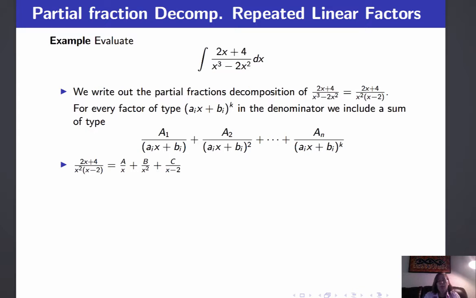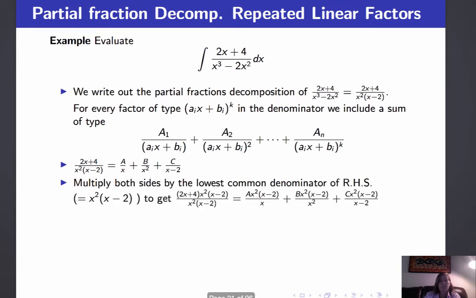The first step of this process is always to multiply by the denominator on the left-hand side, the denominator of our rational function, and cancel whatever we can on the right-hand side and on the left.